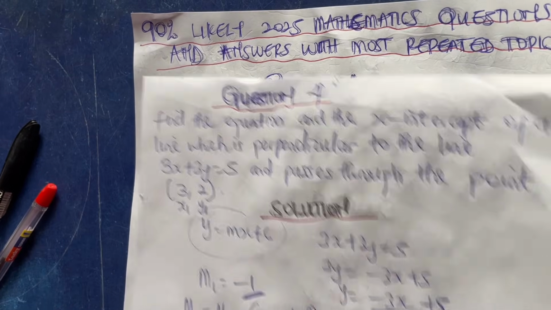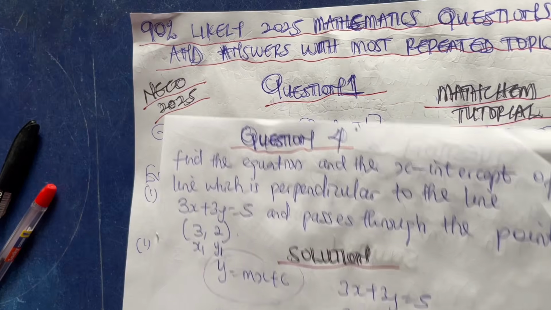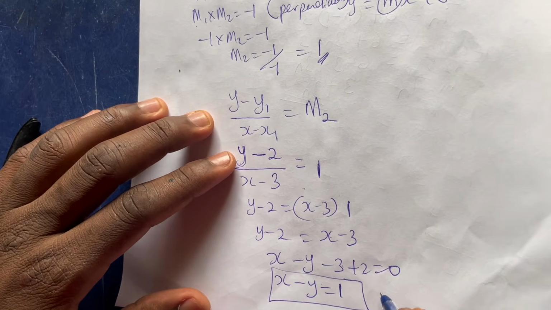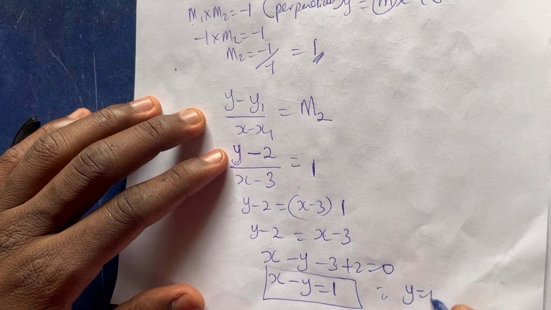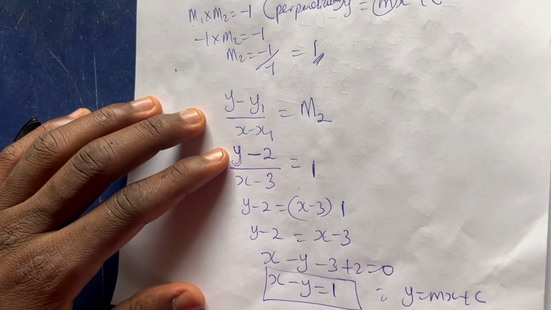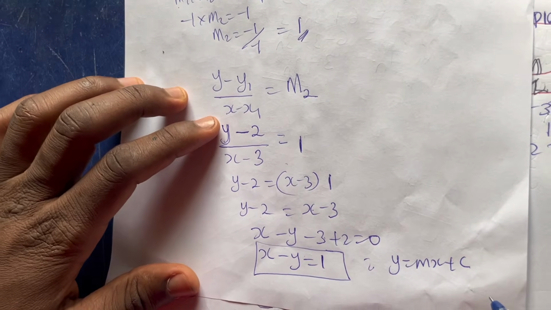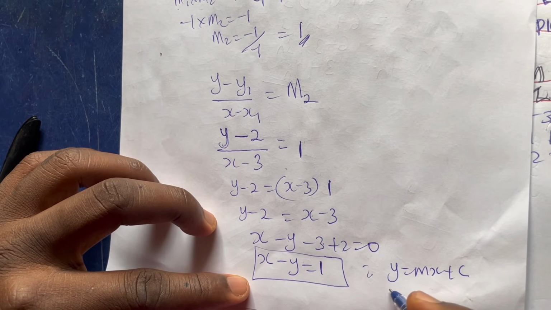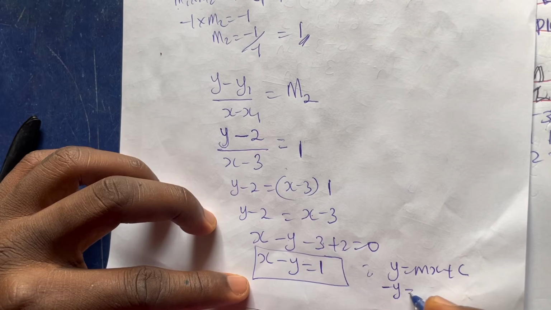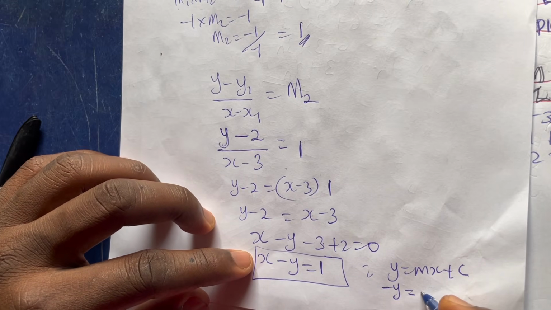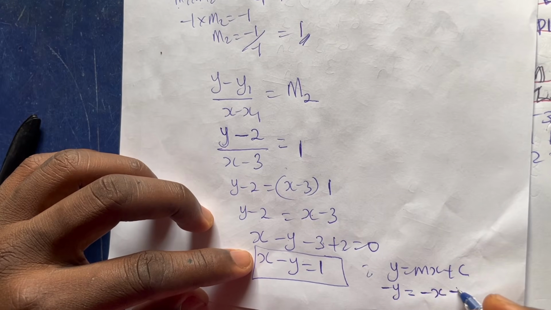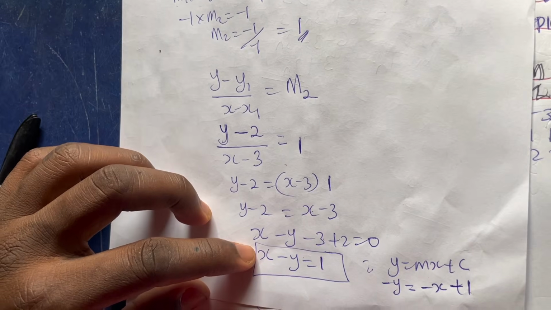From this question, it also asks for the intercept. Meaning we are going to make this y equals mx plus c. So let's arrange it in this form: minus y equals minus x plus 1.